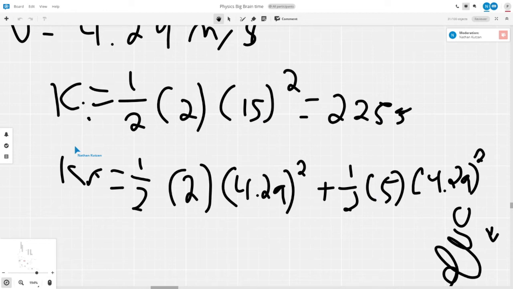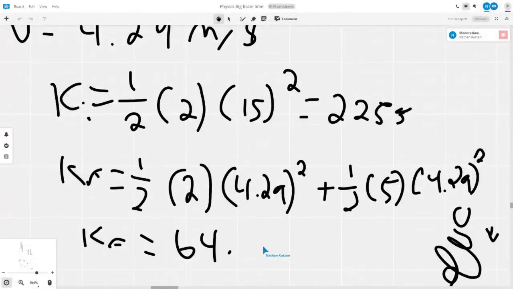Are there any questions? So when you do that, I just worked it out. So the final kinetic energy, real quick, is 64.414.